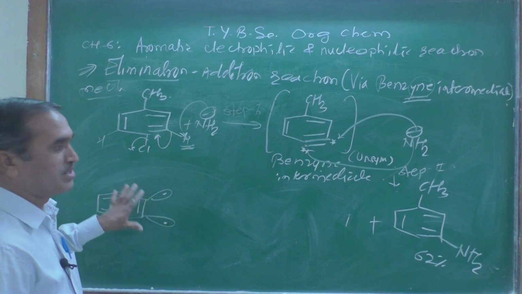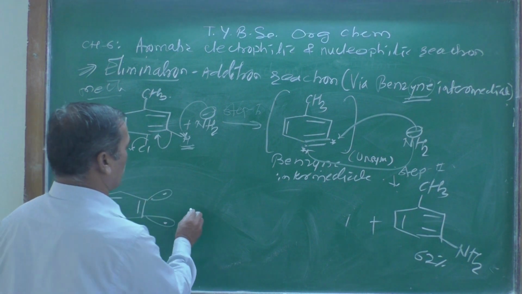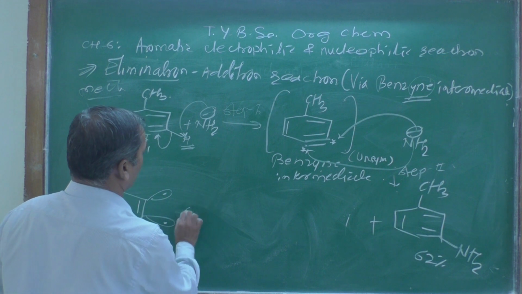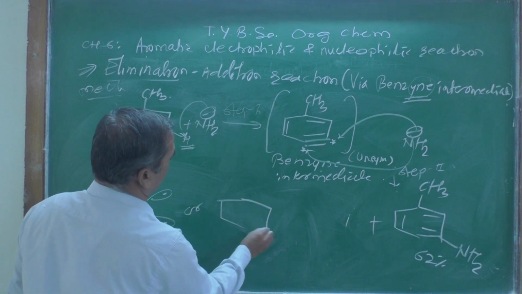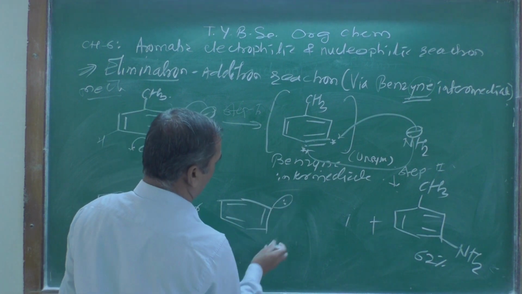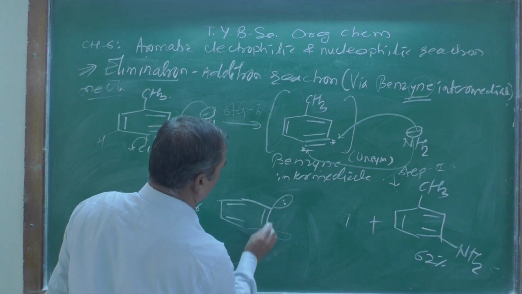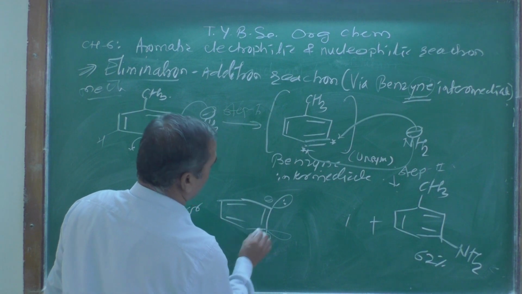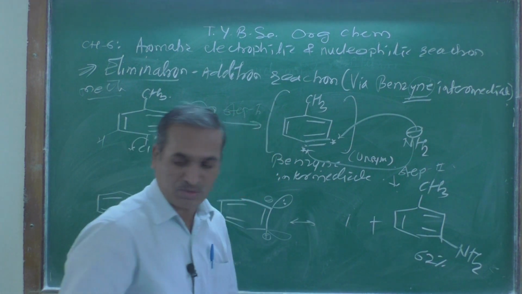This is a benzyne intermediate; it can accommodate 2 electrons, or we can show it like this, with a double bond over here, both electrons put here, and here a negative charge, and here maybe a positive charge.